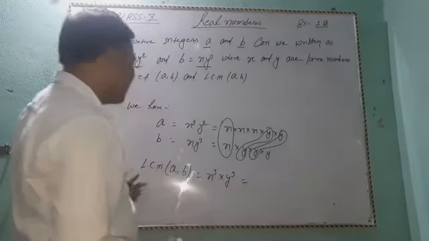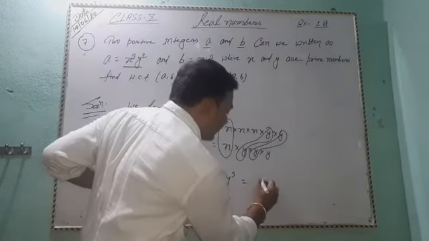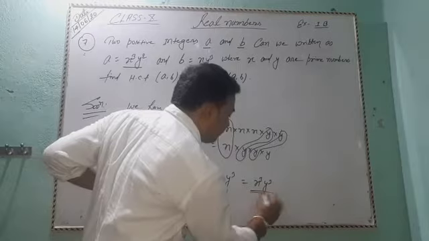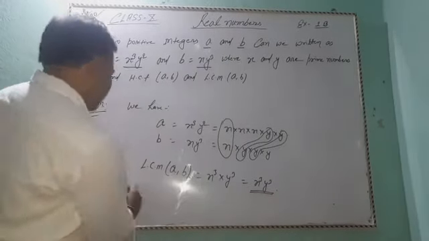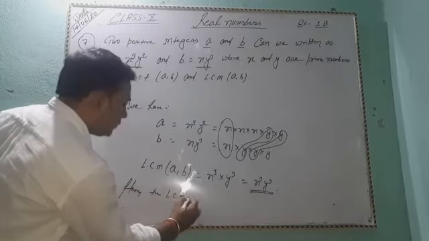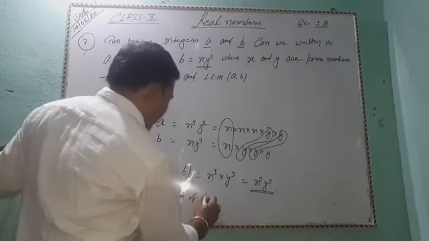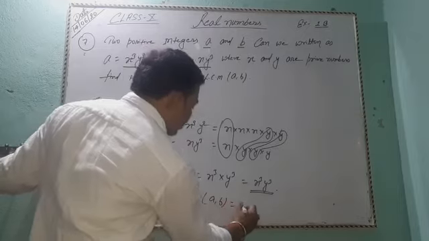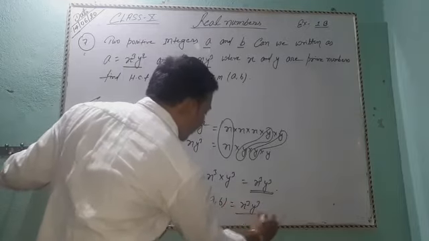So the LCM of a and b equals x³y³. Hence the LCM of a, b = x³y³.